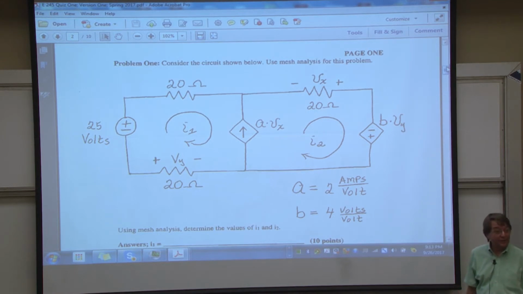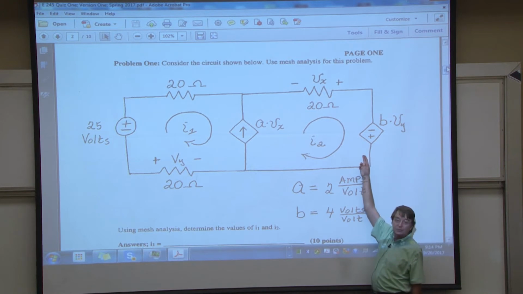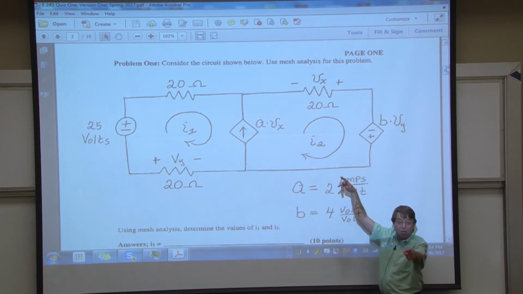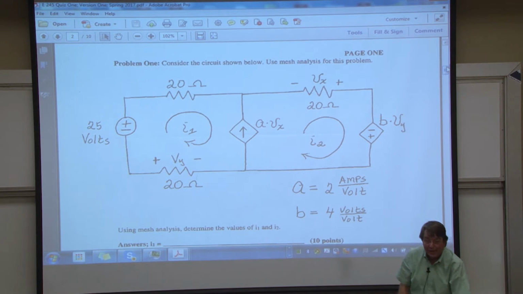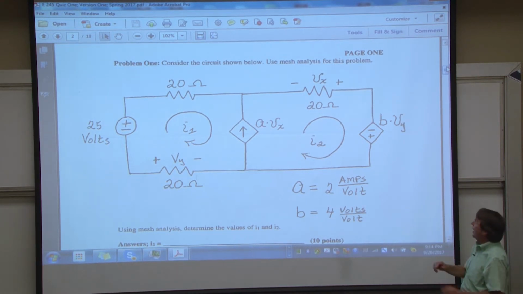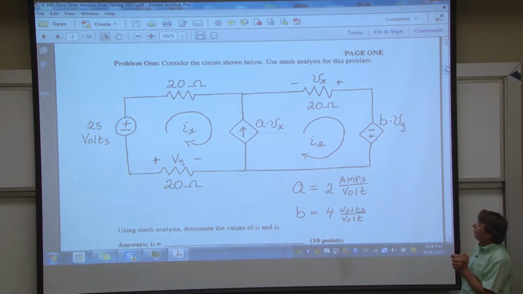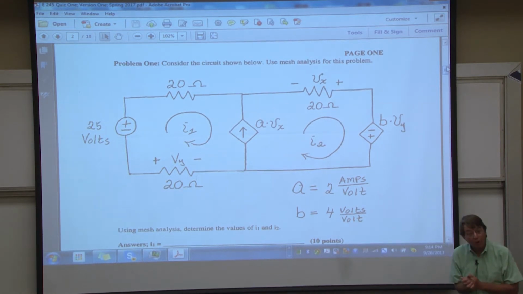I'm glad you're taking this test and not me. You're absolutely right. There's 2 diamonds. So now we need an equation for each diamond. I'm glad I sensed it, because you were right and I was wrong. So I'm going to have to get an equation for Vx and Vy. Excellent job. So now I need 4 equations.